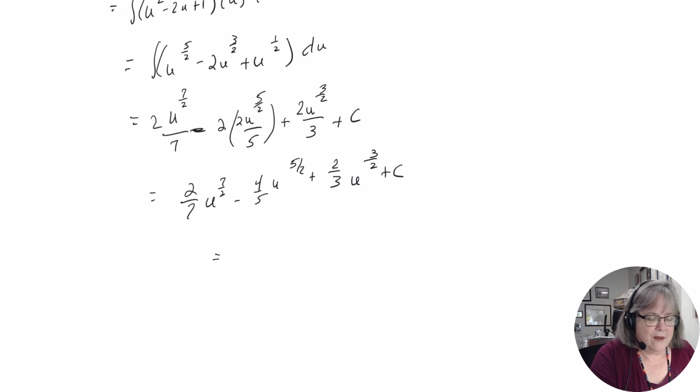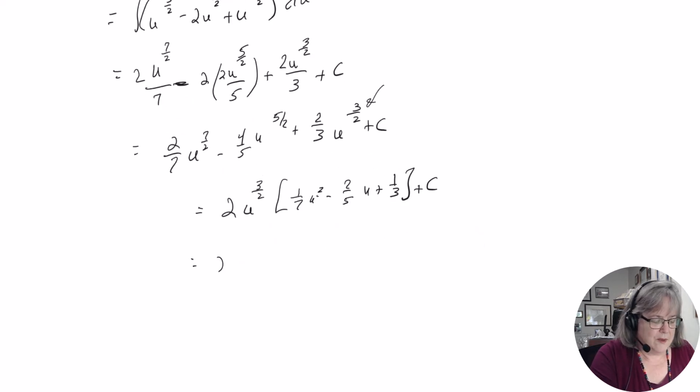Now, what you can do is to try to factor out the u before. So let's give that a try, rather than on the other problem where I was factoring that out at the end. So if you factor out the 2 that's in common and the u to the 3/2, which is the smallest powered one, you'd have 1/7 u squared minus 2/5 u plus 1/3 plus c.